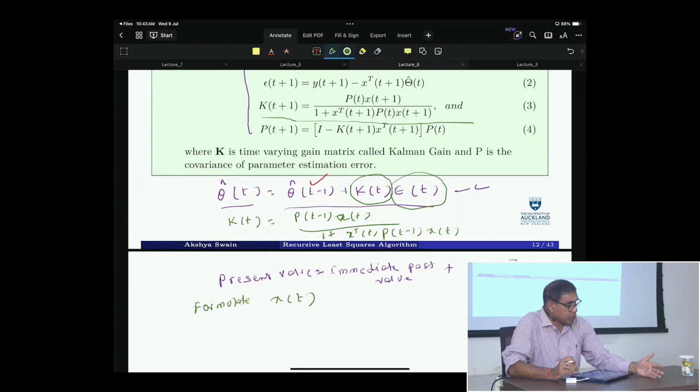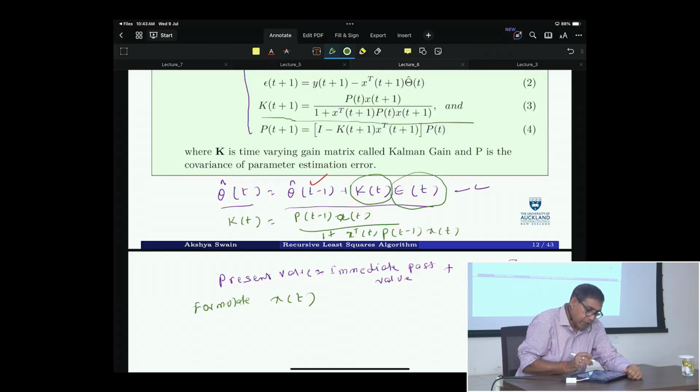We are at time t, so we must formulate xt. That is, xt is equal to yt minus 1, yt minus 2, yt minus 3, ut minus tau, depending on the model. So you know it. You can formulate xt because you are at time t, you are getting the measurements, right?